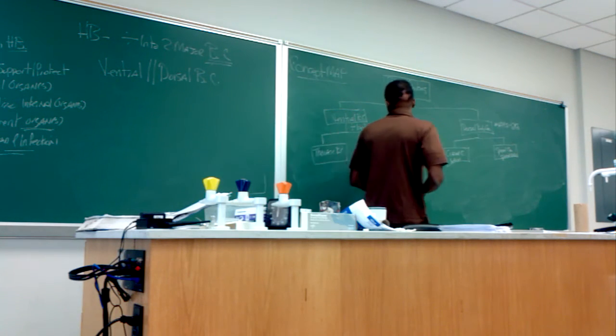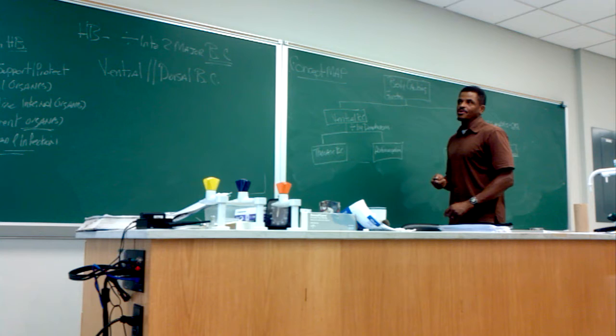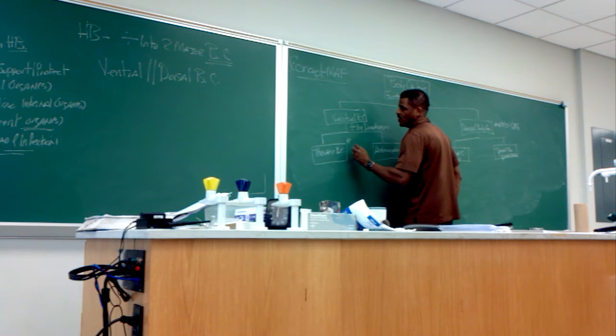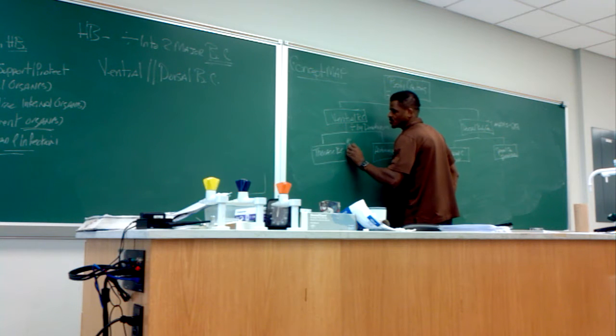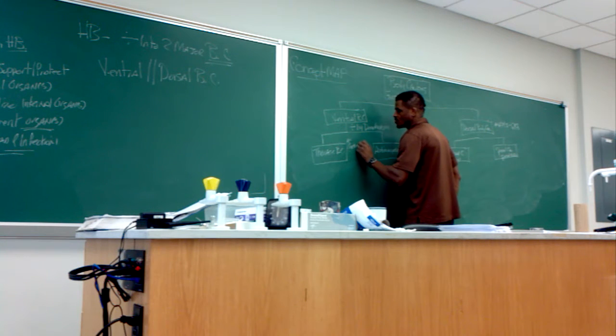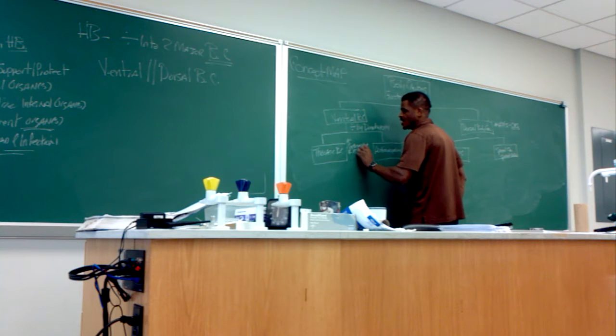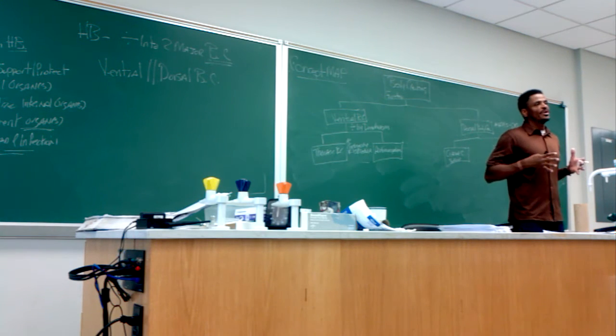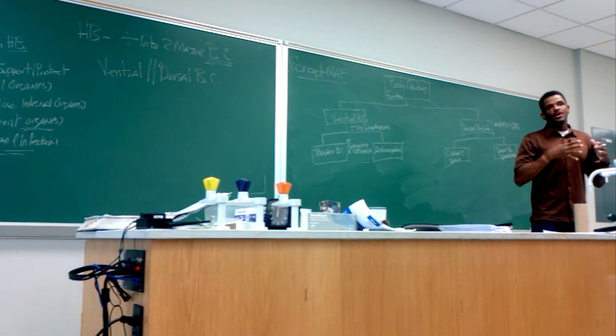As you take a look at the superior body cavity, the thoracic body cavity is enclosed by the ribs and our costal muscles. So it's enclosed by the ribs and the costal muscles.